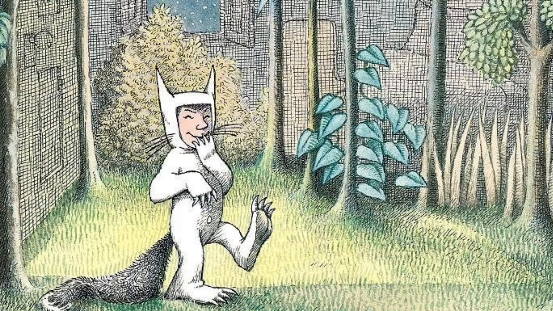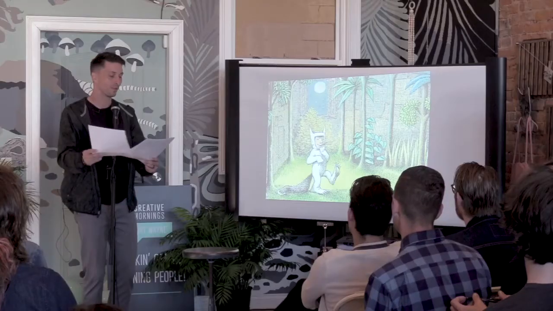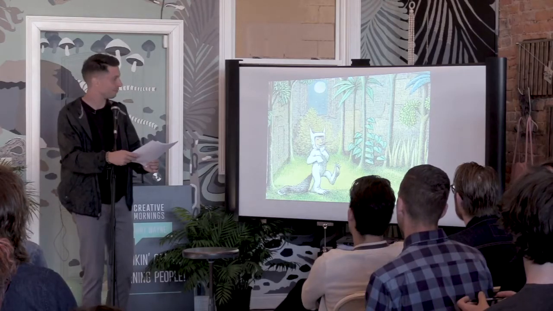And the text actually says, in that very night, in Max's room, a forest grew and grew and grew. Do you feel that? Until his ceiling hung with vines and the walls became the world all around, and an ocean tumbled by with a private boat for Max.